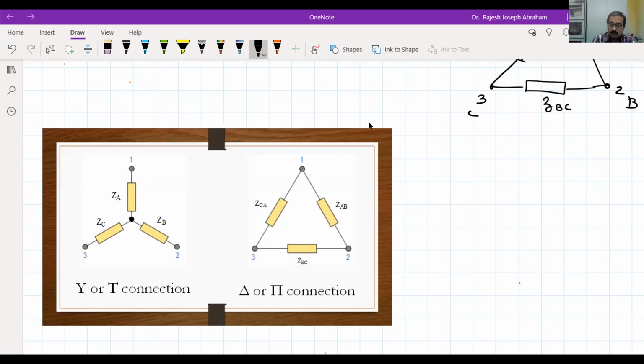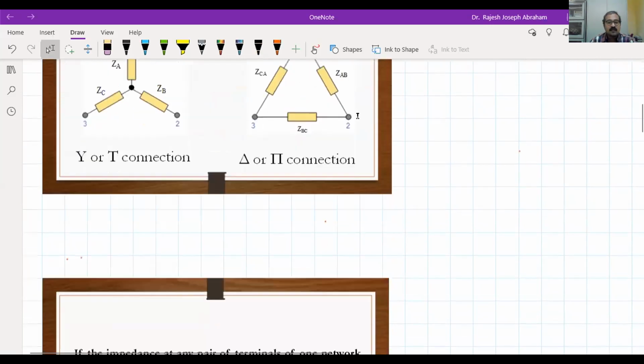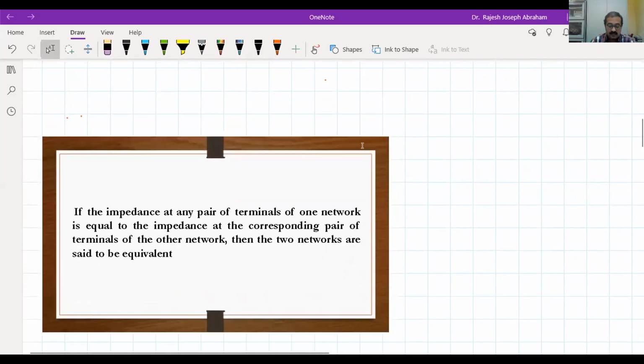Now, these two networks are said to be equivalent if the impedance at any pair of terminals of one network is equal to the impedance at the corresponding pair of terminals in the other network. What do I mean by that?